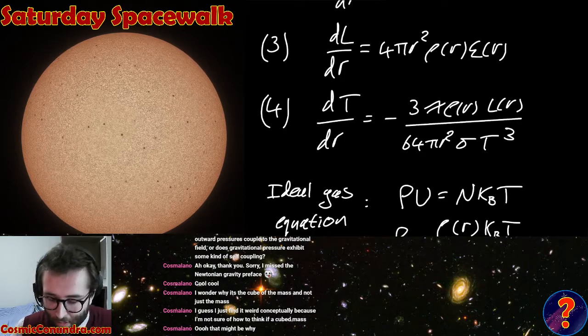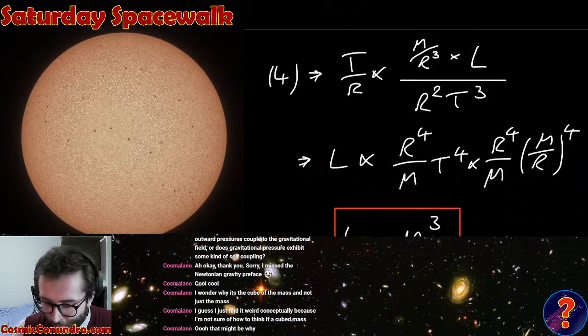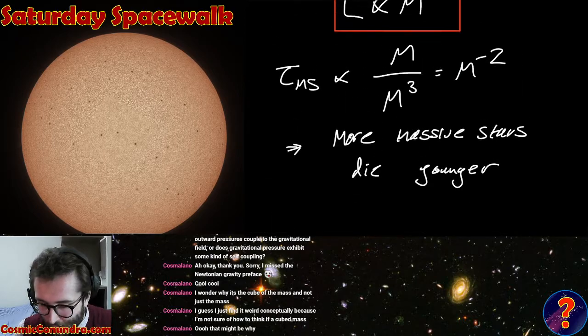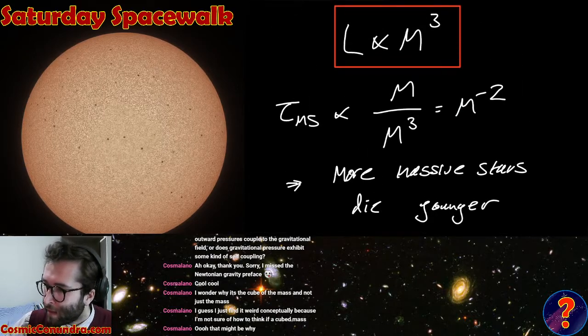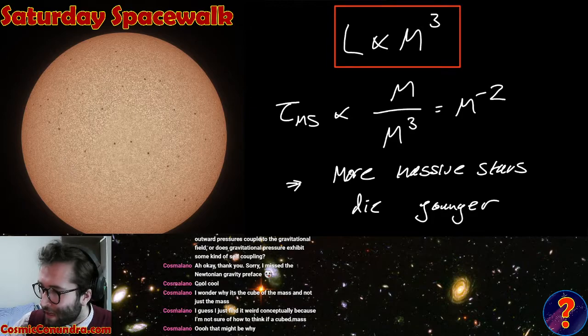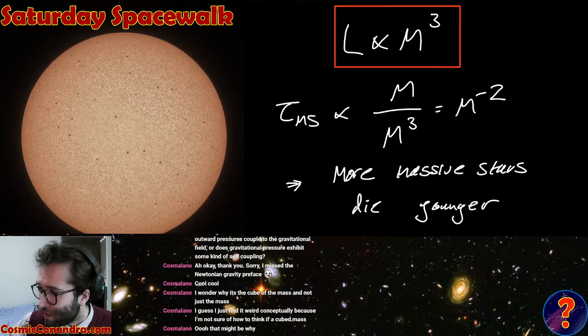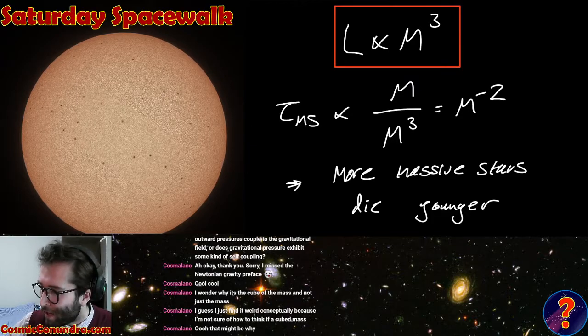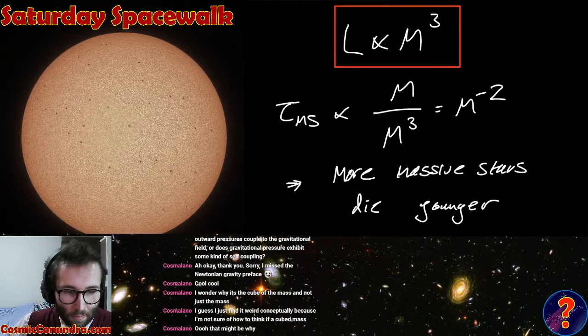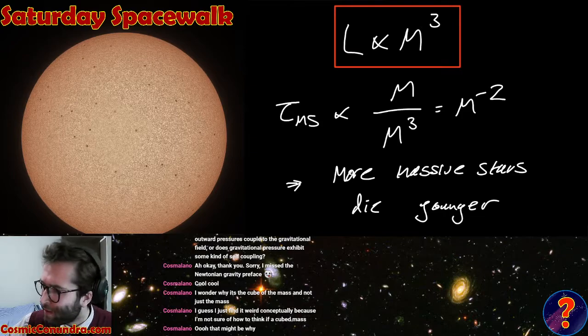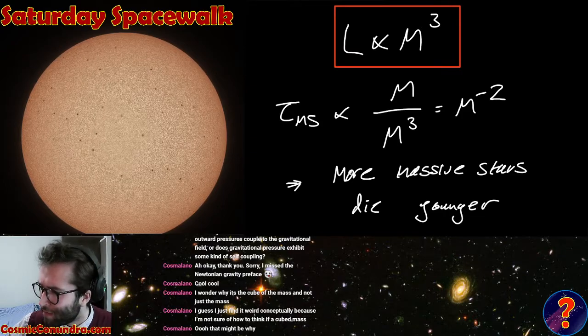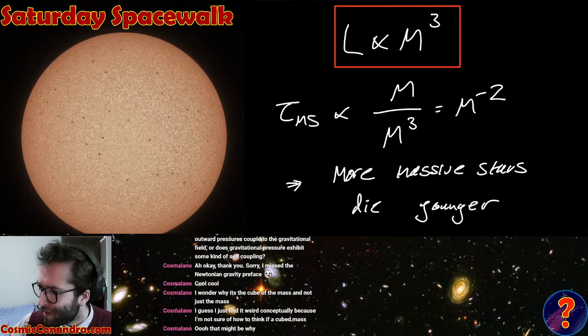So, for example, say you know the main sequence lifetime of the sun, which people have fairly good estimates of. The sun is around 5 billion years old. It's got around another 5 to 6 billion or so left, I think.